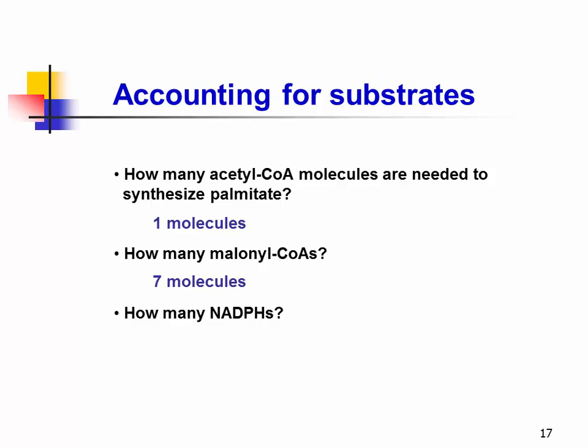And how many NADPH? You said 14, right? Each cycle we need 2 NADPH for 2 reactions, so 7 cycles and 14 NADPH.